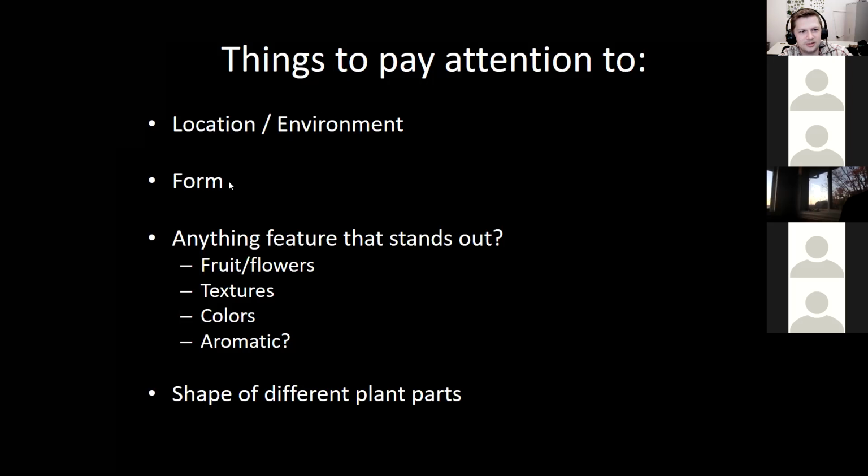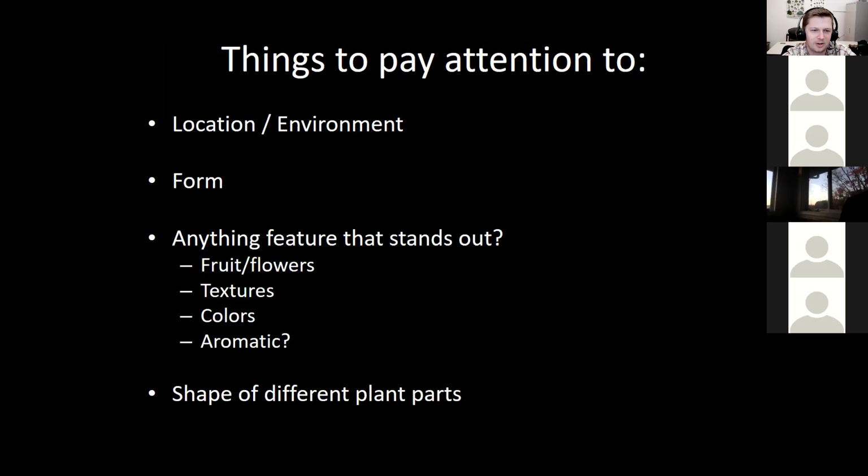Things to pay attention to are the form, the structure, the overall look of the plant. You'll start seeing those patterns, like live oaks typically grow as large trees. They can be little scrubby things, but typically it's a tree. That is something you have to pick up with time, thinking about the different forms and relating them.